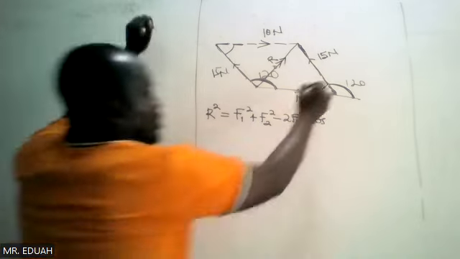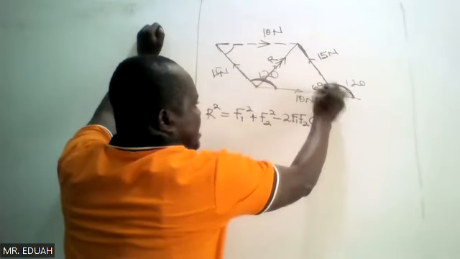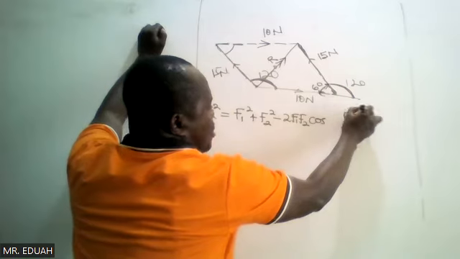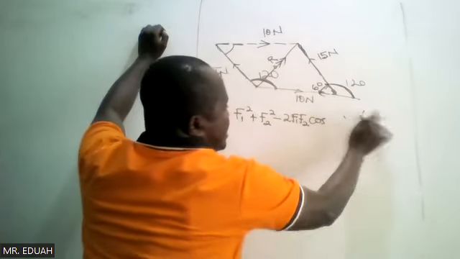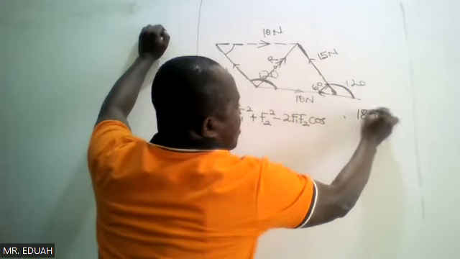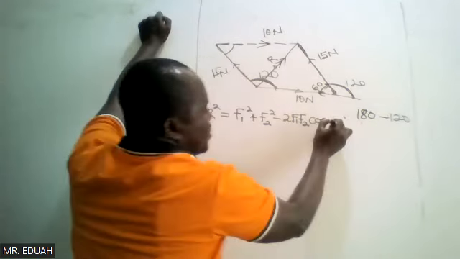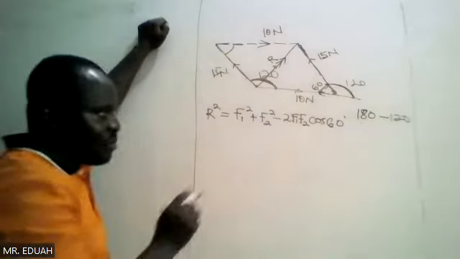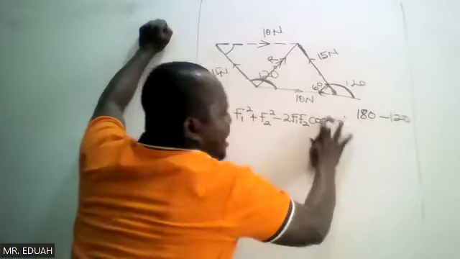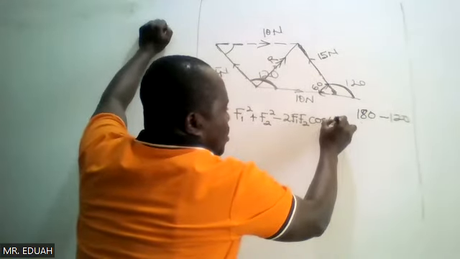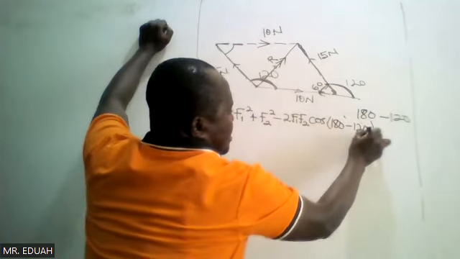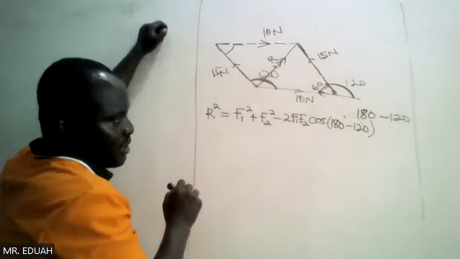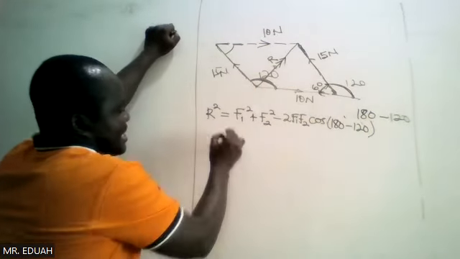But don't forget this angle is actually like cos of 180 minus 120. So this is 60. So in effect, this is cos 180 minus 120, which is 60.